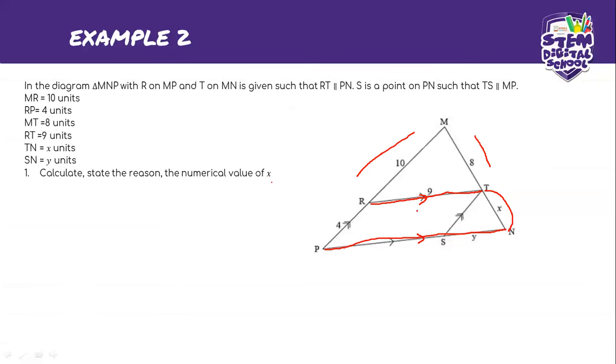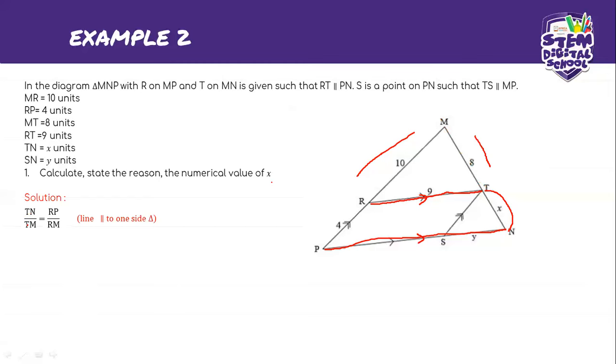Now, how do you calculate that? First, we're going to start with what we are in need of. Remember, it's what I said previously. In this case, we want TN. Hence, we start with TN here, divided by what? On that side, we're still on this side. Divide by MT or TM, right? Because they give us the actual distance there, which is 8 units.